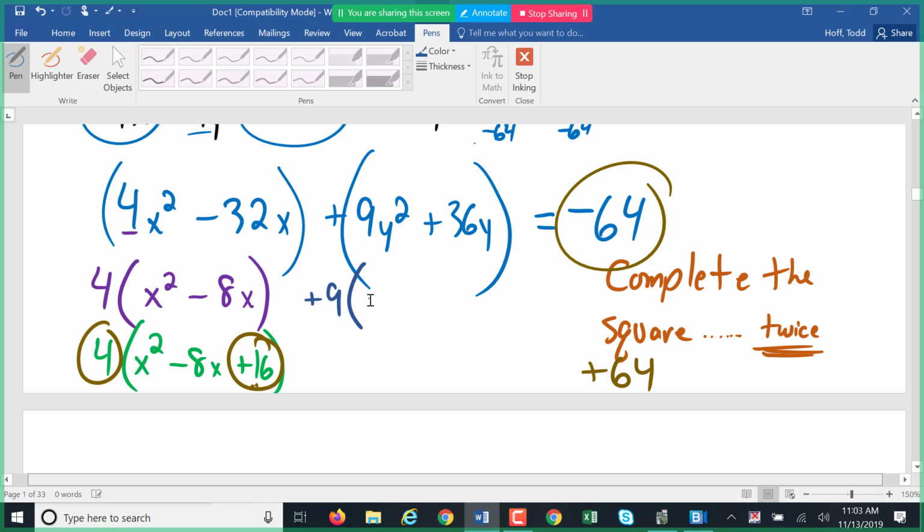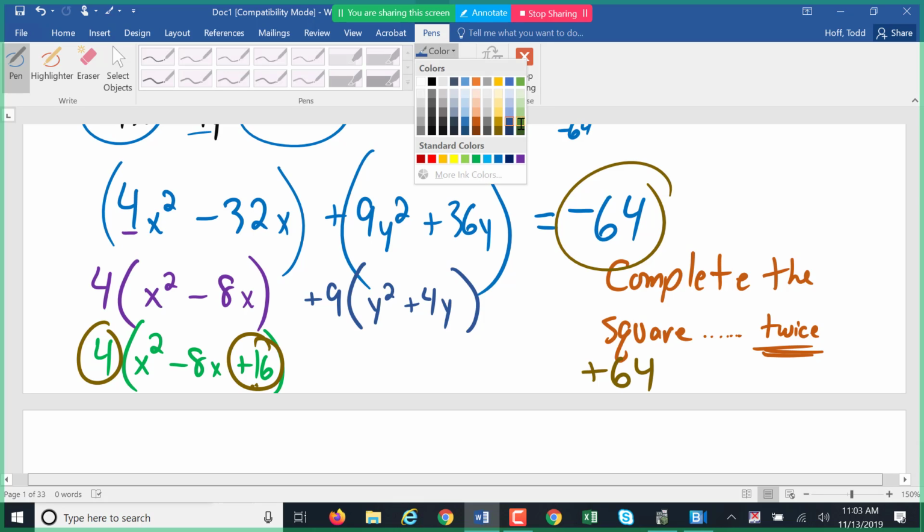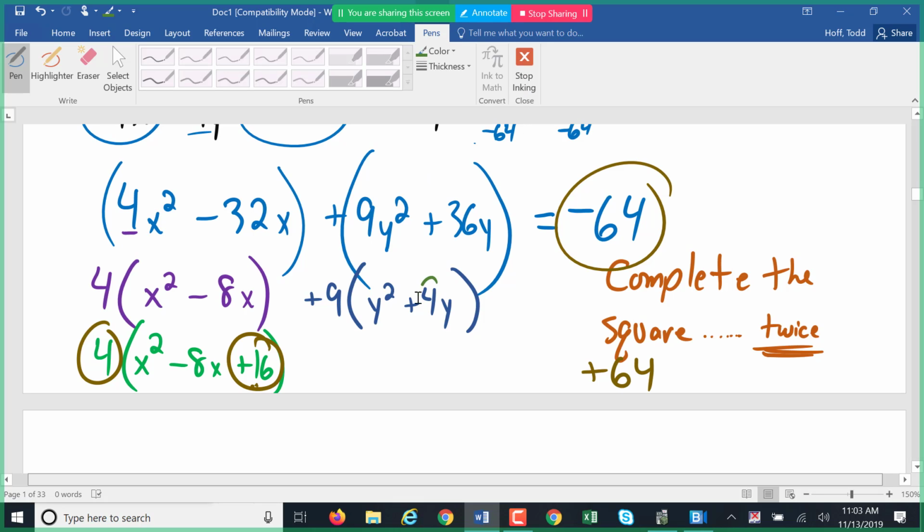So I factor out the 9, I've got y squared plus 4y. Also similarly there, to complete the square, I take this, divide by 2 and square it. I need a 4 there. That has to be y squared plus 4y plus 4. Makes that a perfect square trinomial. Now again, it looks like I just added 4 there, but I really added 4 times 9. That's 36. So I have to add 36 on that other side.